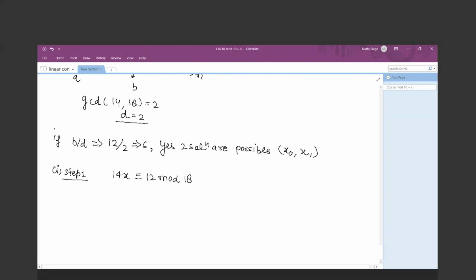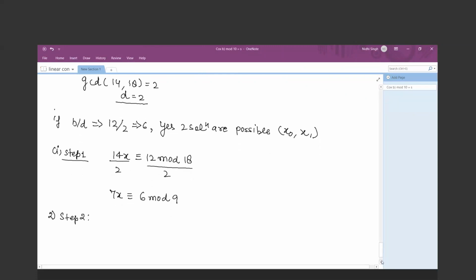So the step 1 says you have to reduce the equation by dividing by the value of D on both sides. So यहाँ पे भी 2 से divide करो, यहाँ पे भी पूरा 2 से आप divide करो. So that is 7x congruent 6 mod 9. Equation is reduced. Now the step 2 states that you have to multiply by the multiplicative inverse of A on both of the sides.